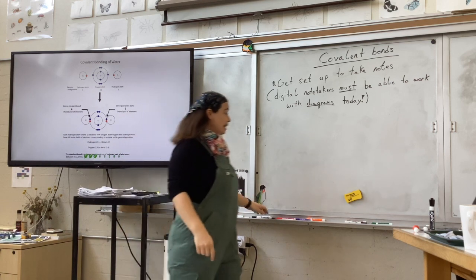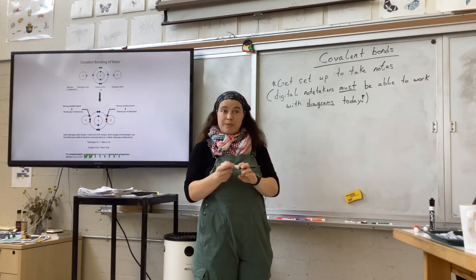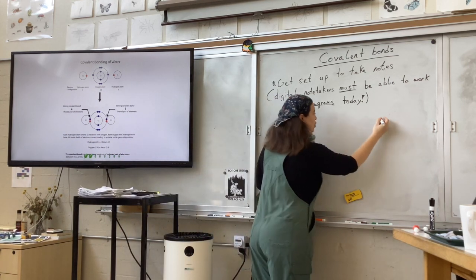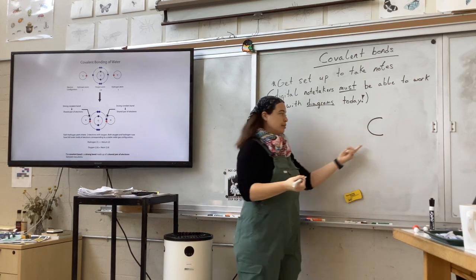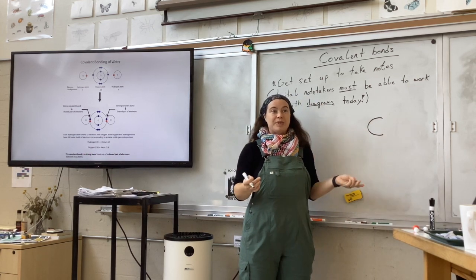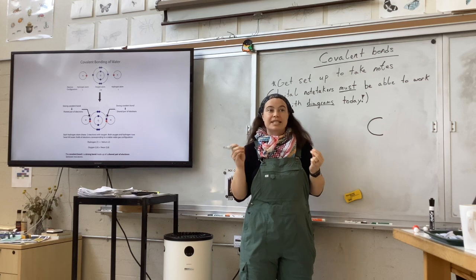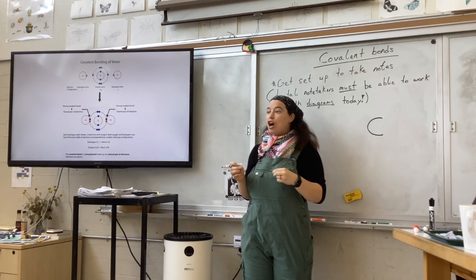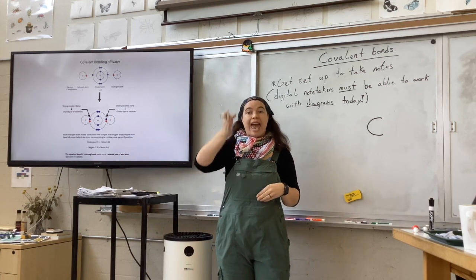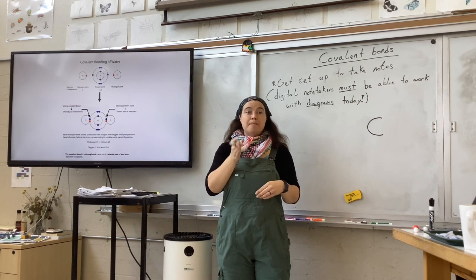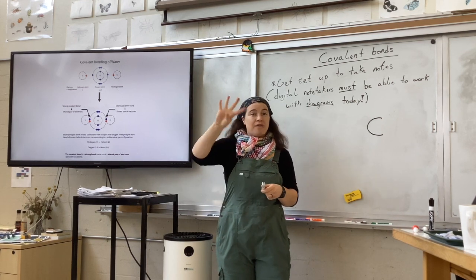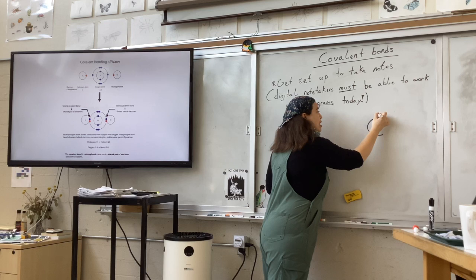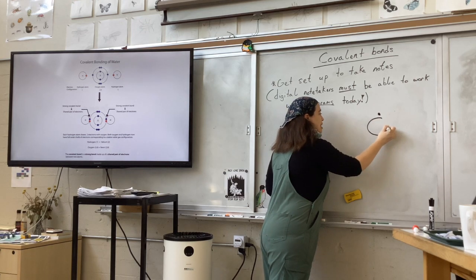To draw this as a Lewis structure, because that's where we're heading with this, I'll draw carbon just real quick for you. C for carbon, because we always start with the element symbol. Then we say, hey, how many valence electrons? We know that carbon is in column 4A on our periodic table. Being in column 4A means it has 4 valence electrons, and we always put 1 in each quadrant before we make any pairs.